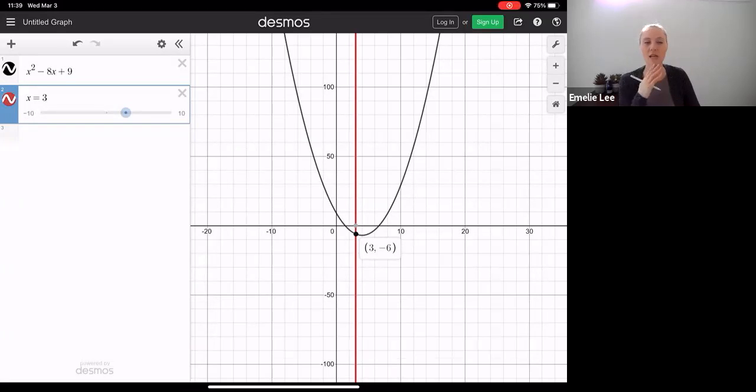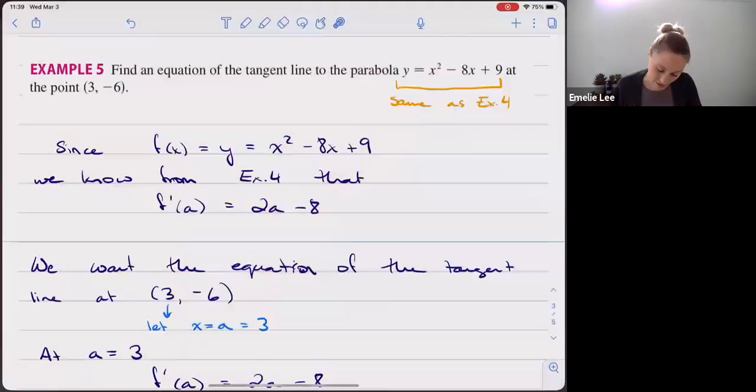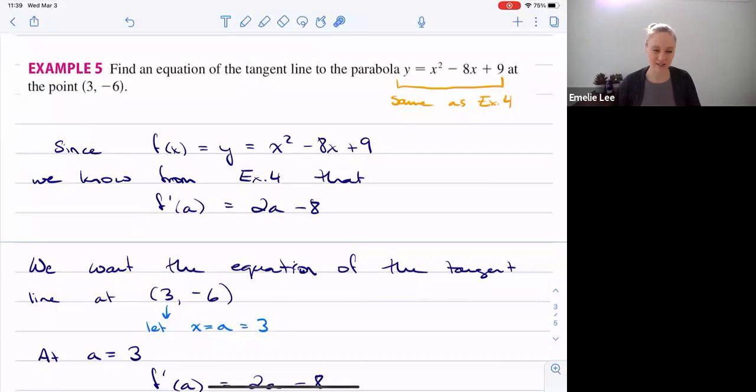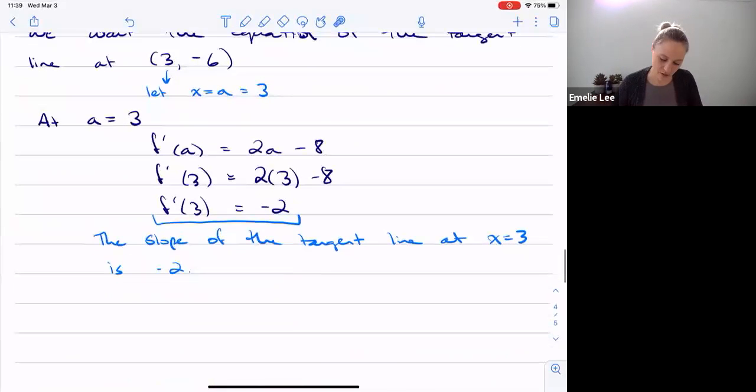So it does make sense to have a negative slope, right? You can talk yourself into what you're doing by checking the original function. It's always good to have those internal checks: I found a negative slope, does that make sense? Yes or no? In this case, it seems to make sense.